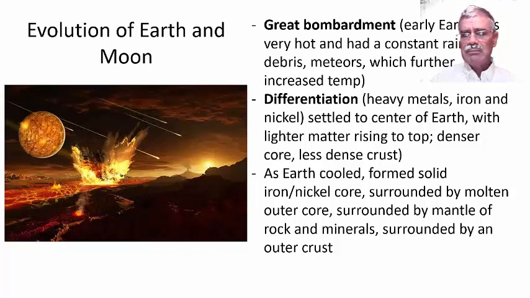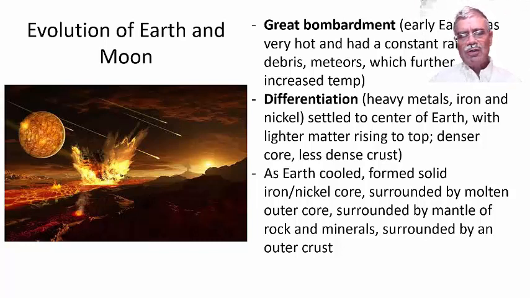The Earth did not have much of an atmosphere at that time, and so everything that was flying around through space and all of the debris that was being collected as it swept out its path and brought all of the material into the planet Earth led to a constant rain of this debris and meteors, further increasing the temperature of planet Earth. So things were pretty hot, and it would be best described as a molten planet.